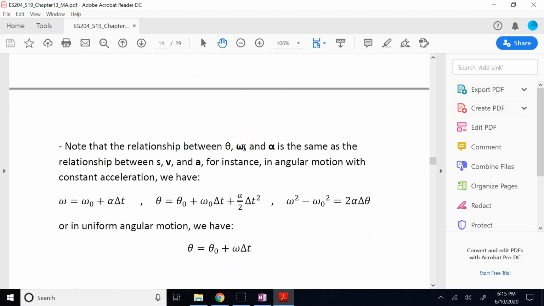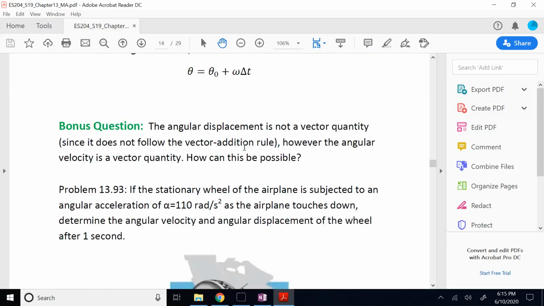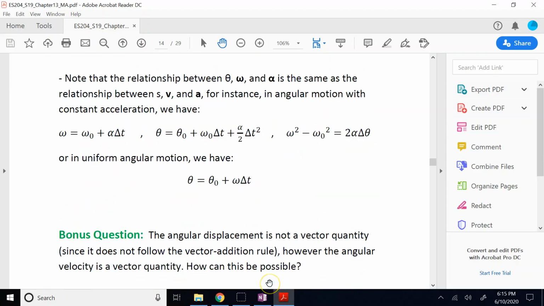The same way that I defined linear position, linear velocity, and linear acceleration.